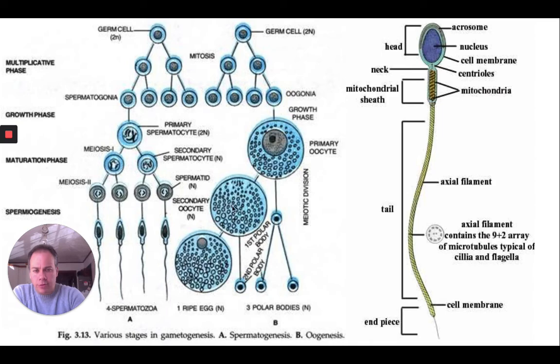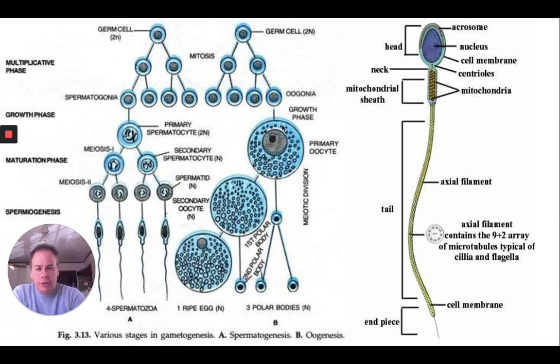Then these cells divide again. Again, the cytoplasm is divided unequally. One cell ends up with most of the cytoplasm and organelles. The other one is a small little polar body. These polar bodies actually just sort of dissolve. These will not become viable egg cells.